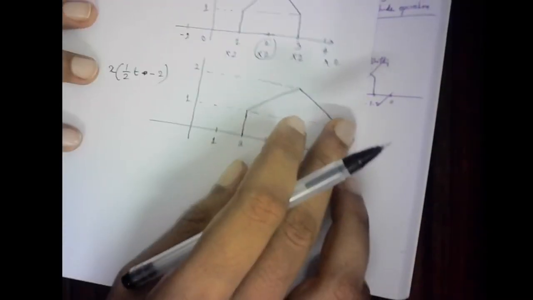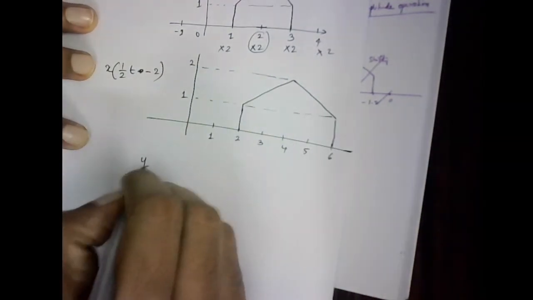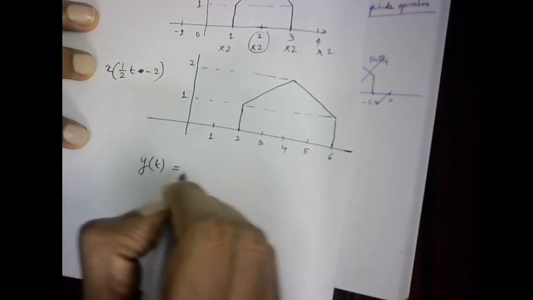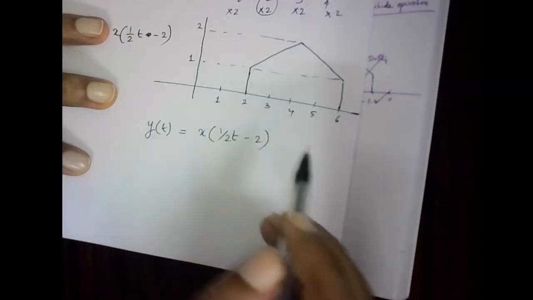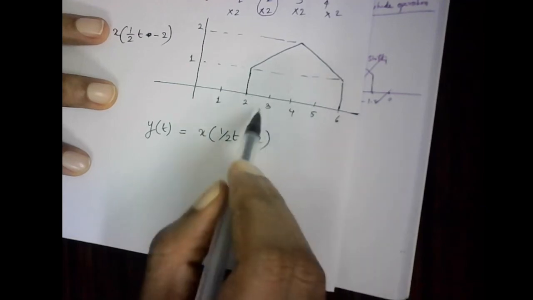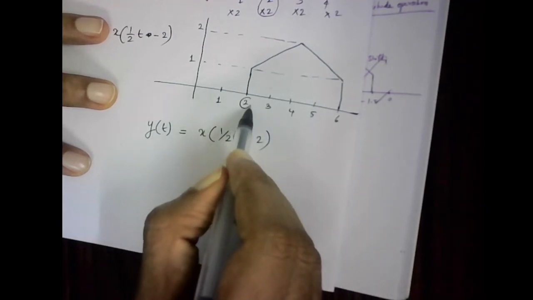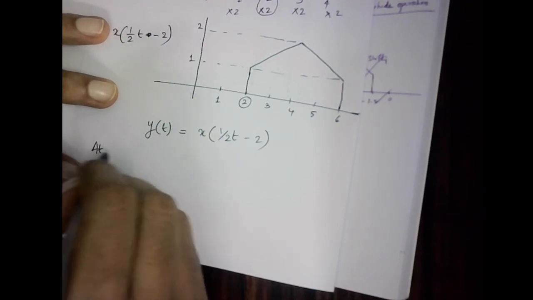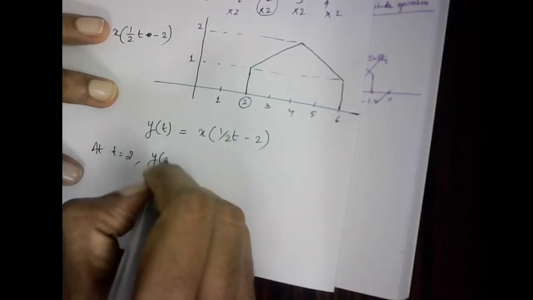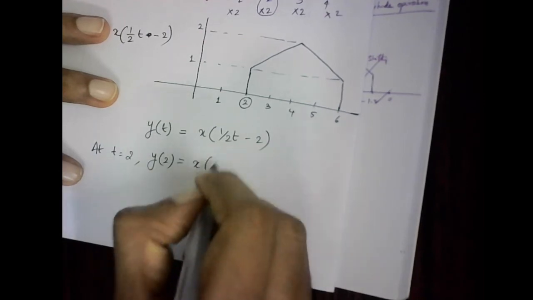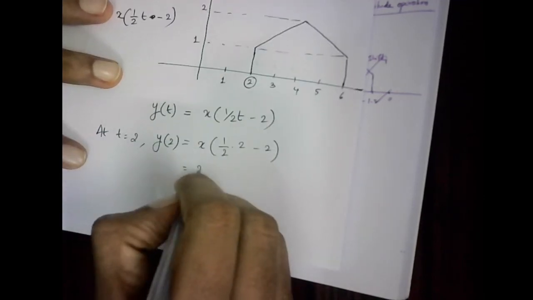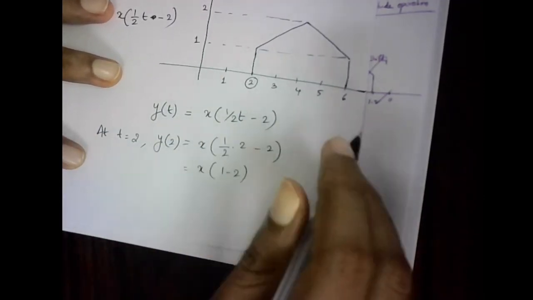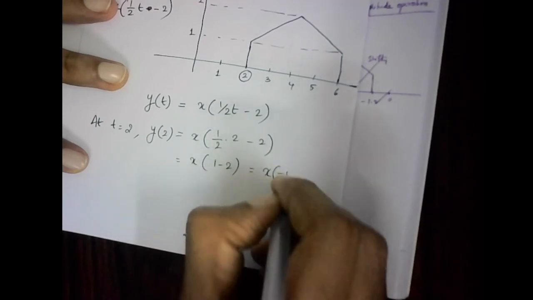Okay, so you can cross check also. Let's define y of t as x of half t minus 2. Suppose I want to cross check, what I can do is check the value at any point. Let's take for the moment t equal to 2. What is y of 2? Y of 2 is equal to x of half into 2 minus 2, which is nothing but x of 1 minus 2, which is x of minus 1, right?